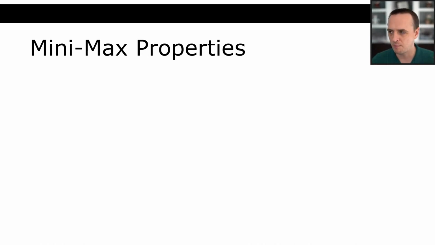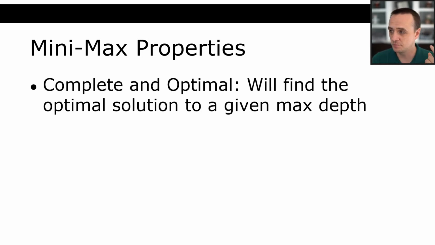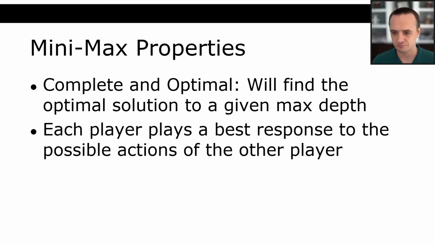Let's look at the properties of the MiniMax algorithm now that we have shown the MiniMax algorithm. MiniMax is complete and it is optimal. It will find the optimal solution up to a given depth, right? So if you have said, hey, search the whole tree, if we have infinite computation time, it will find the best possible answer.